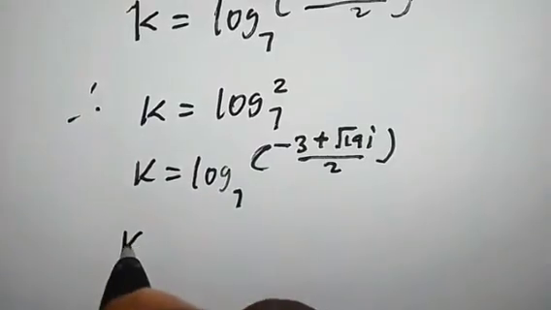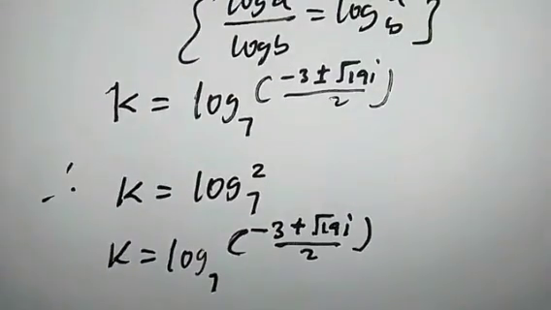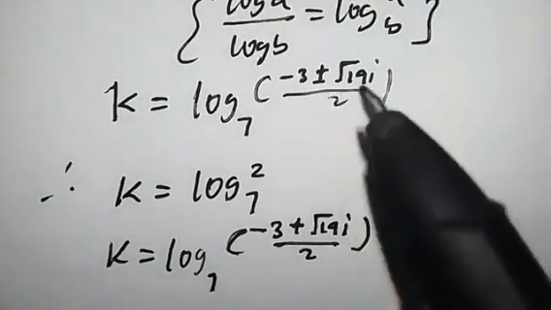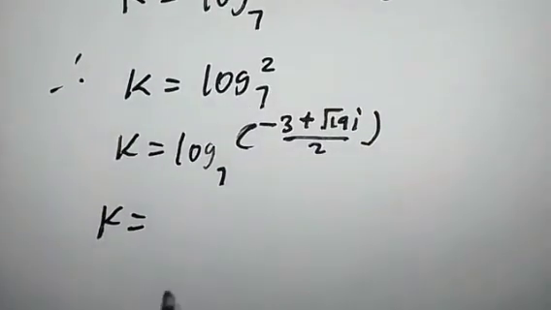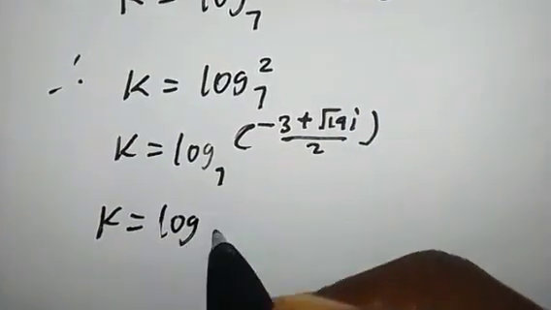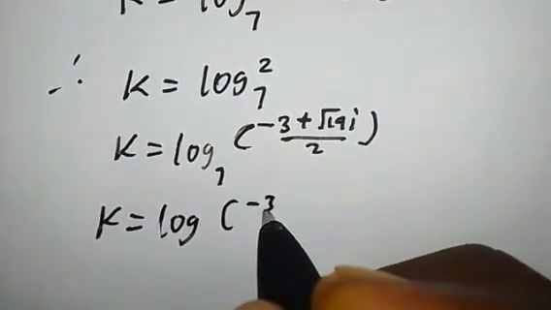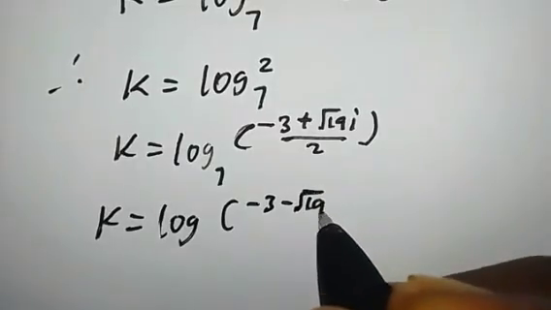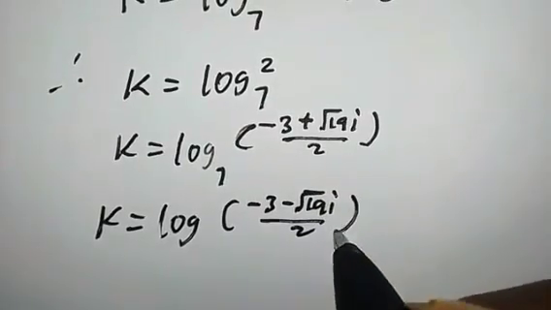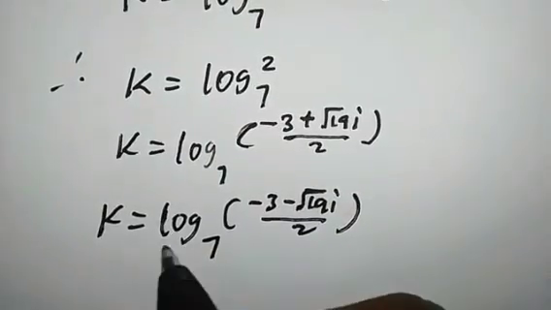And also, k equal to, if we consider the negative sign, we have natural log of minus 3 minus square root of 19i over 2 base 7.